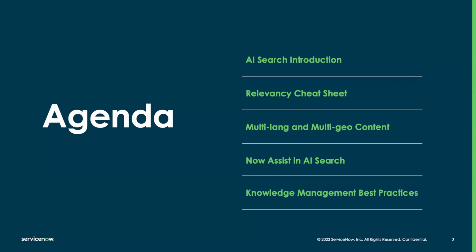Then they're going to get into some newer content with Now Assist and AI search. And then at the end, I'm going to kind of tie that together with knowledge management and provide some best practices that you can do for knowledge authoring and governance, and even looking forward to the future with Gen AI. Just some best practices that you may already be using or can start incorporating today to make your searches better and kind of align into what Gerard and Shamus will be speaking to.